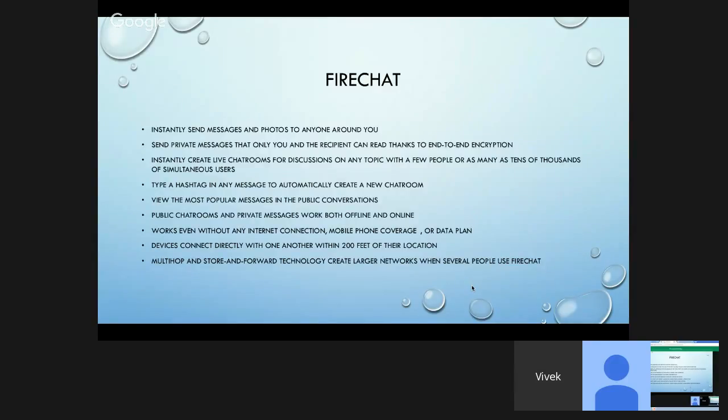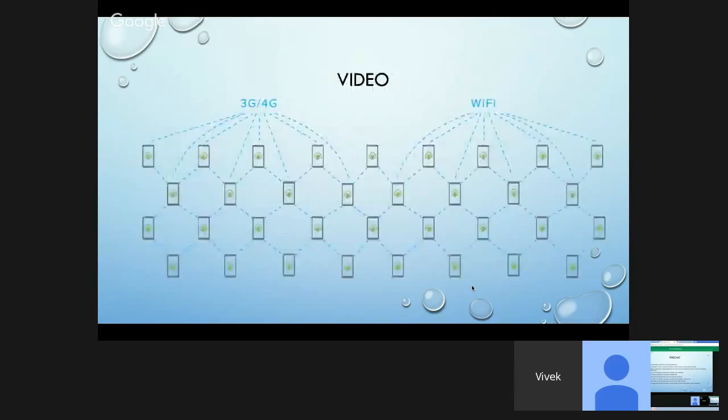And like I mentioned earlier, it has multi-hop and store and forward technology, just like Open Garden, and it lets you create larger networks with several people. And here you see 3G and 4G. That's how phones are traditionally connected to the internet.